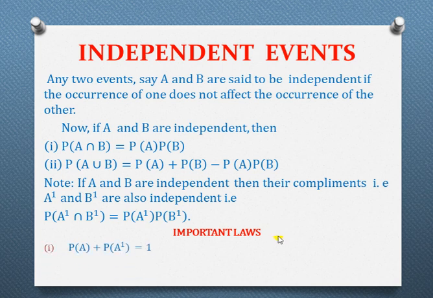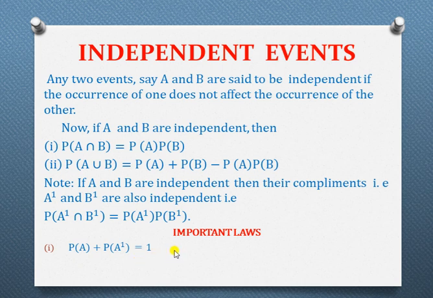Let's look at some important laws that we need to follow as we proceed. The first law, which is very important, is that when you get the probability of A plus the probability of A complement, automatically you get 1. Now, this is not restricted to this, it applies to any other probability. For example, if you have the probability of the union plus the probability of the complement of the union, you still get 1.